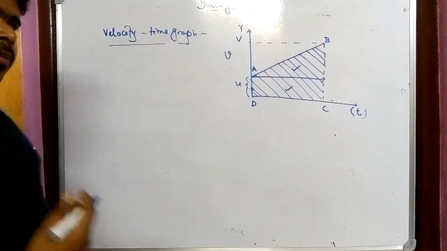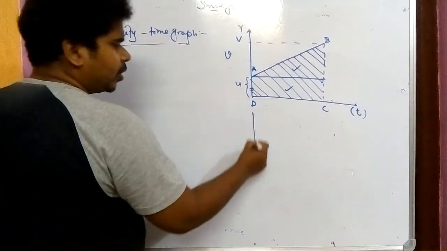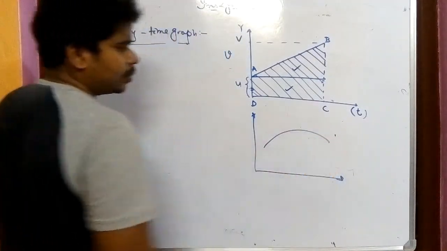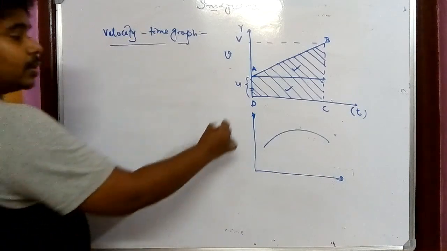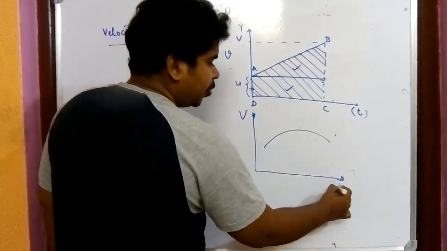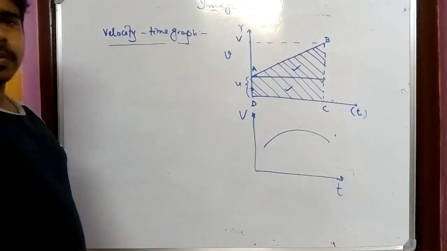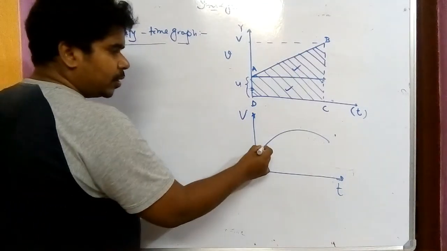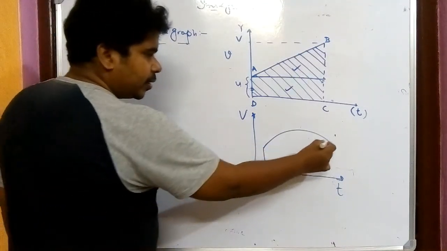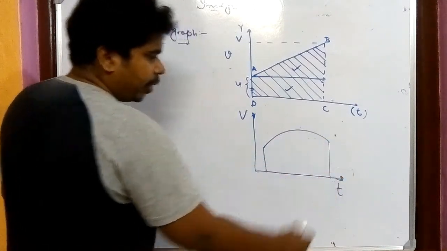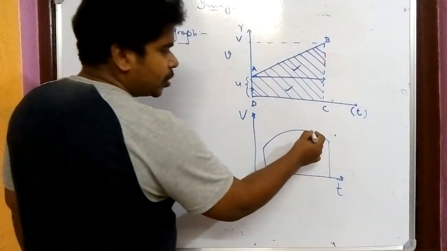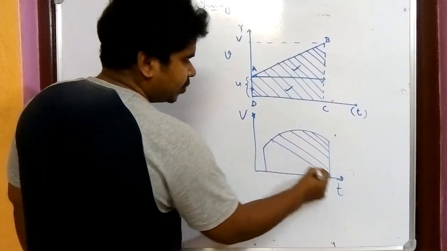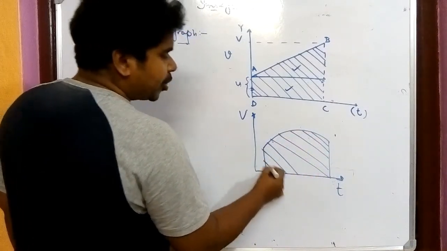But assume the velocity-time graph is given to you like this, and you have to find the distance. Now it is clear that to find the distance, we have to find the area of this portion. But there is a problem. It is not a regular shape.